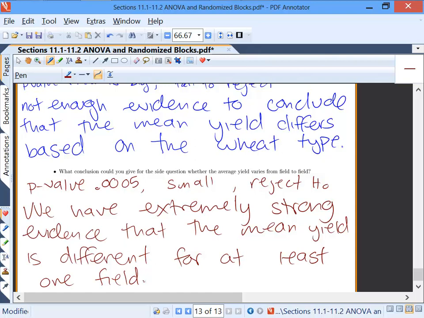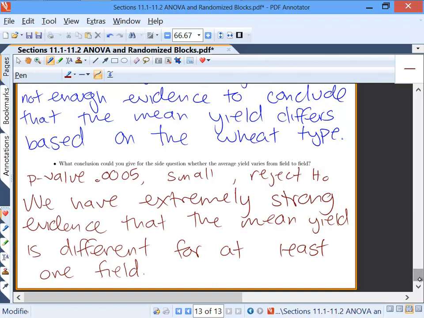Isn't that interesting? The wheat types didn't make a difference, but the field made a difference. Now again, we don't know how big of a difference necessarily, but we're very, very sure that there was a statistically significant difference for at least one of those fields.